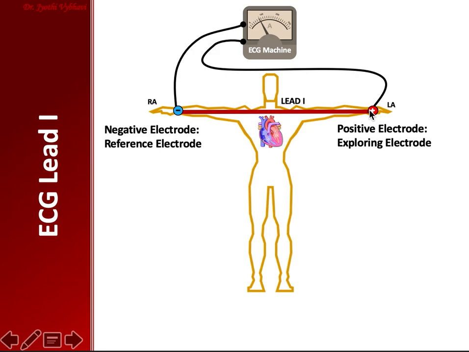electrical voltage variation in the heart, and it is transmitted to the left arm, right? And the right arm detects the voltages transmitted to the right. It is also detecting electrical voltage. Now inside the ECG, the right arm voltages are subtracted from the left arm voltages, and the difference appears as lead 1.